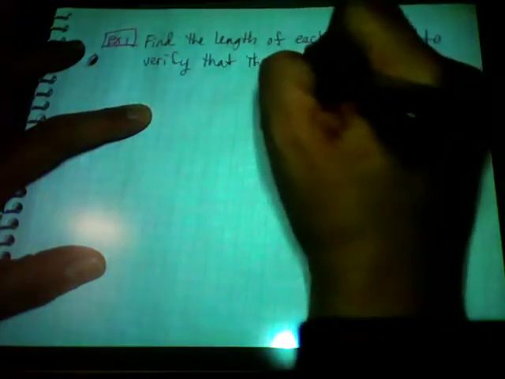Find the length of each diagonal to verify that theorem 6-15 is true for isosceles trapezoid MATH.